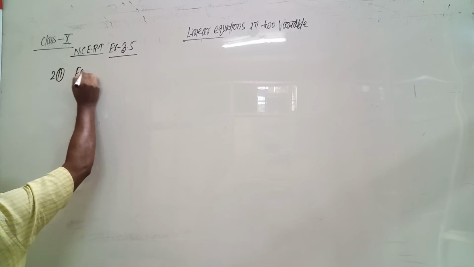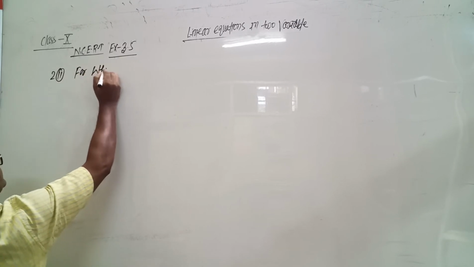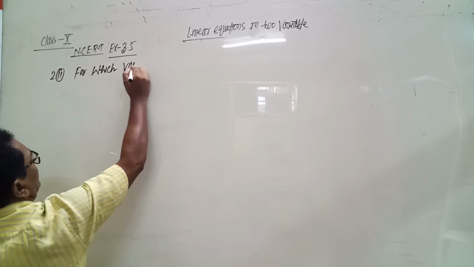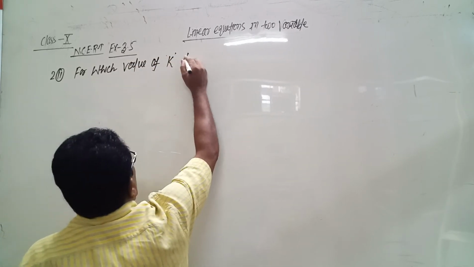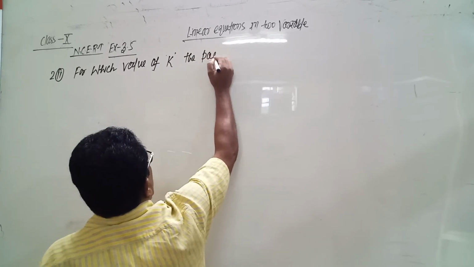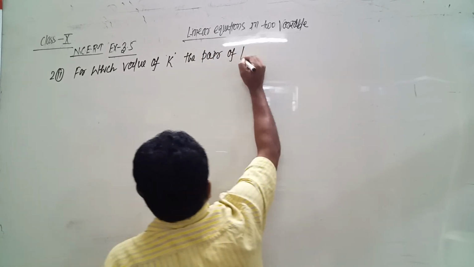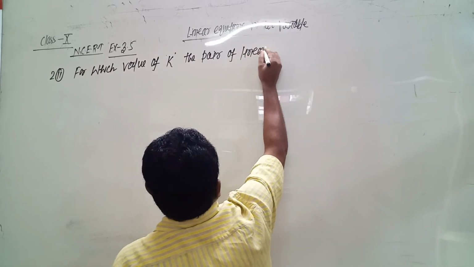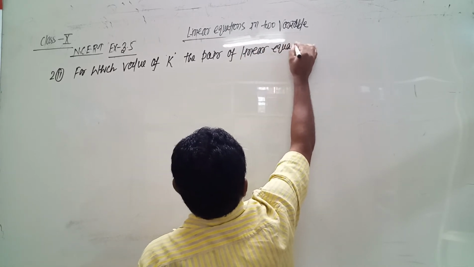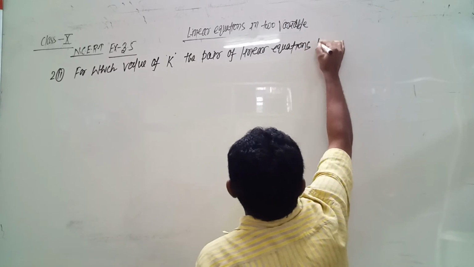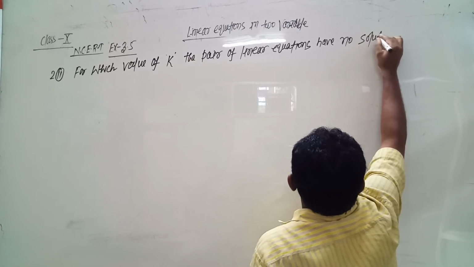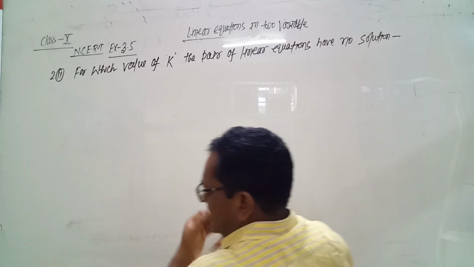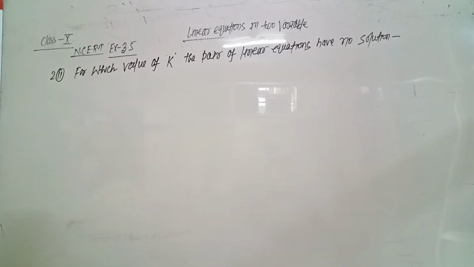For which value of k the pair of linear equations have no solution. We have to find the value of k for which the pair of equations have no solution.